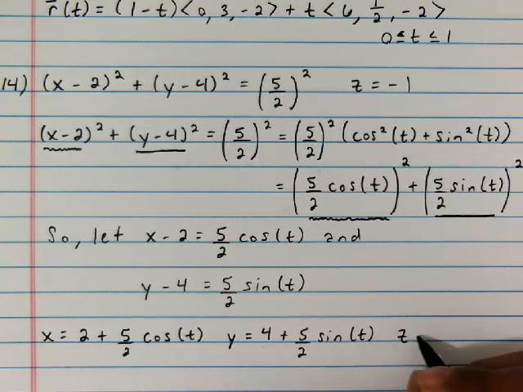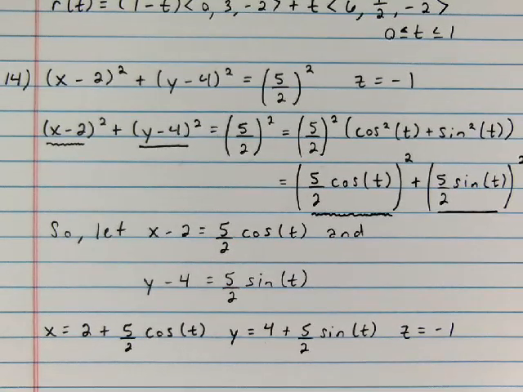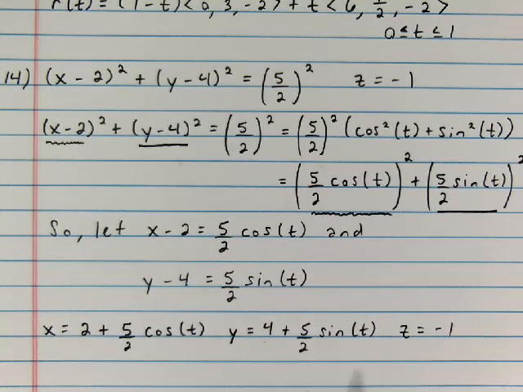And z equals negative 1. We don't need to put a restriction on t in this scenario. It's understood that whatever your t is going to move in the positive direction, and you have to make sure that your t runs far enough for it to trace out your entire circle, because that's what that gave us.